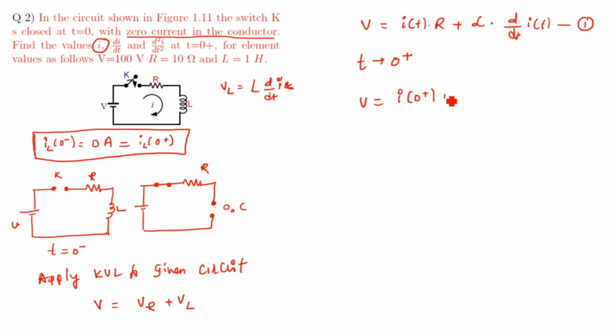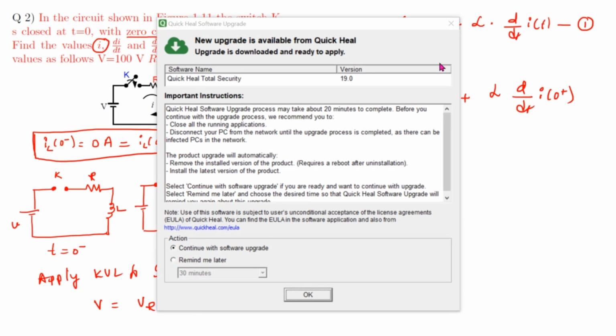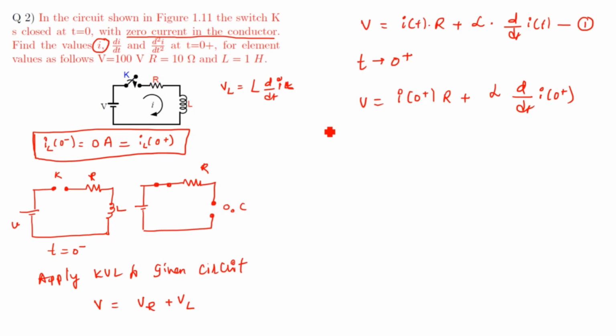I of 0 plus into R plus L into d by dt of I at 0 plus. Here we don't have any differentiation for the voltage, so the direct value should be written here. What is V? V is given as 100. That equals, what is I at 0 plus?